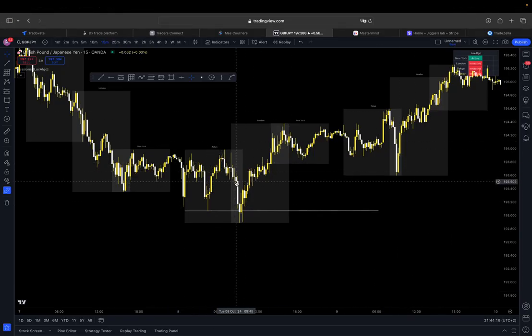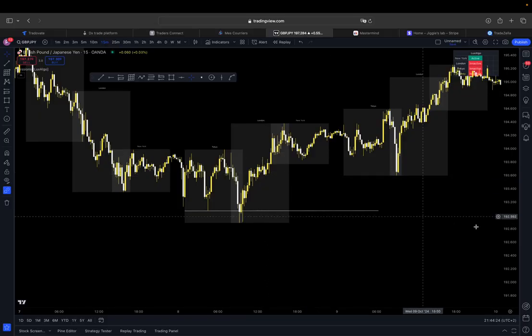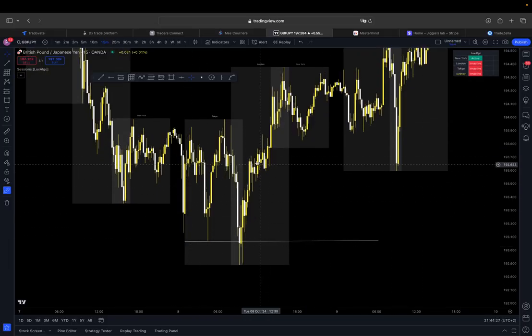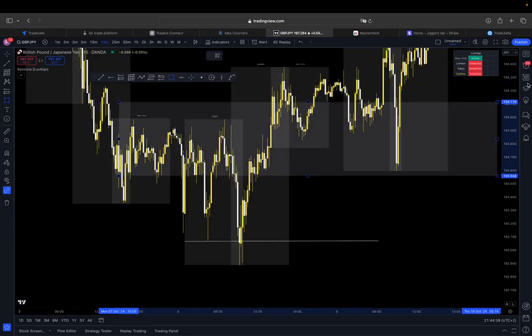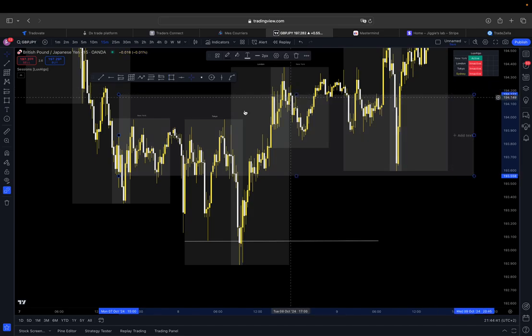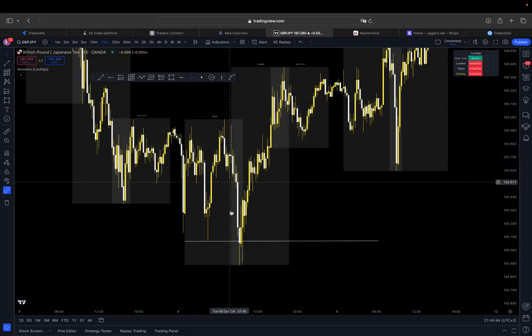Now, if you had taken this trade, for example this break of structure to the downside here, you would have lost your money. No liquidity, no nothing. There's nothing you should look for in the range of the market. All you need is liquidity pools.